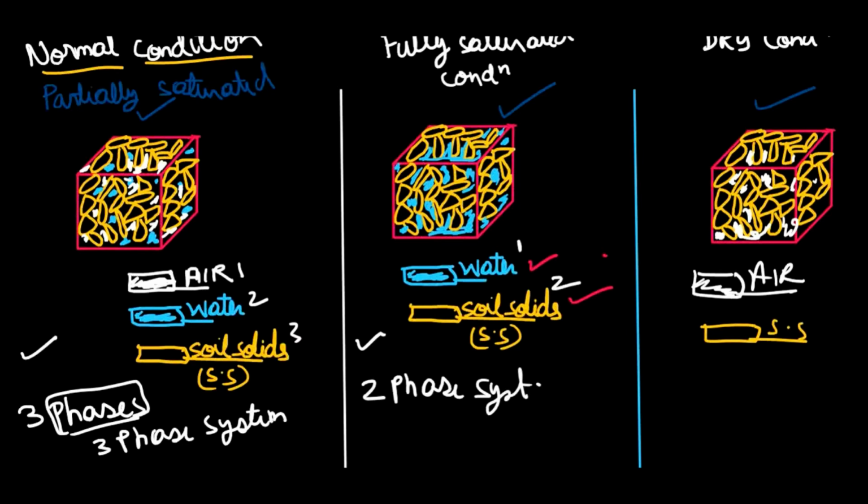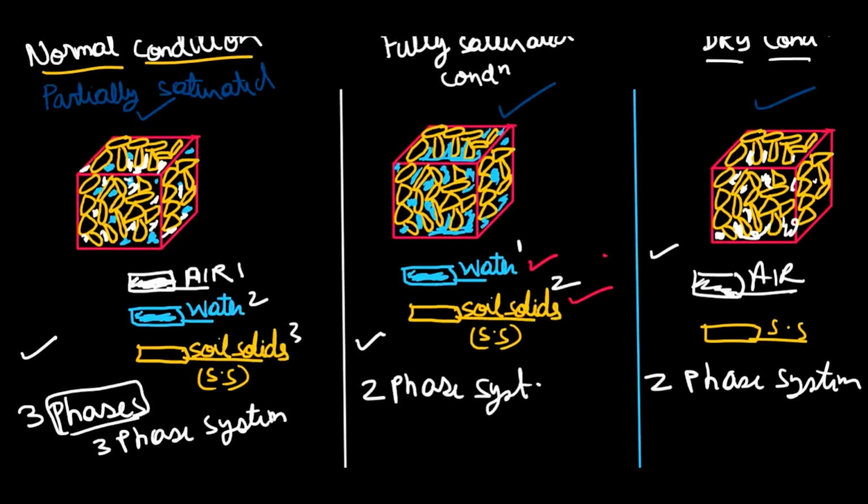In the last case you can see that water is absent because it is the dry condition. So in this case also the soil is existing in a two phase system only.